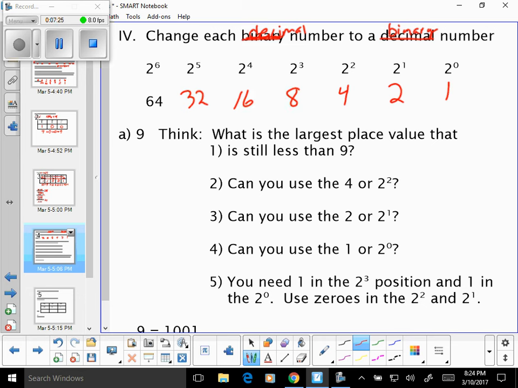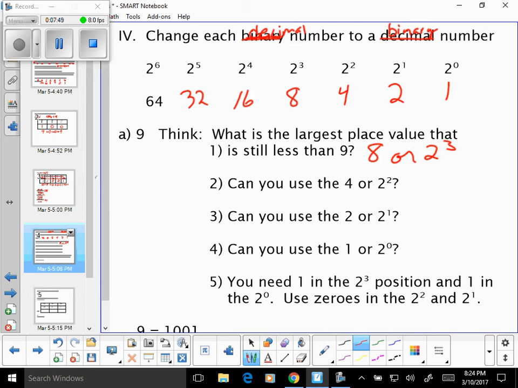So I'm going to look at 9. I need to find the largest place value that is still less than 9. Well, that's the 8. That's 8, or 2 to the third.